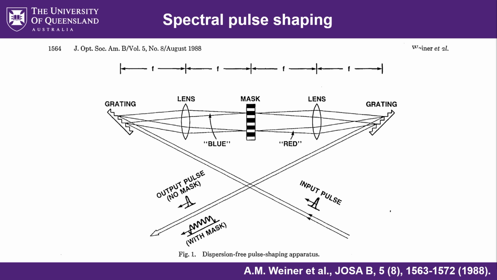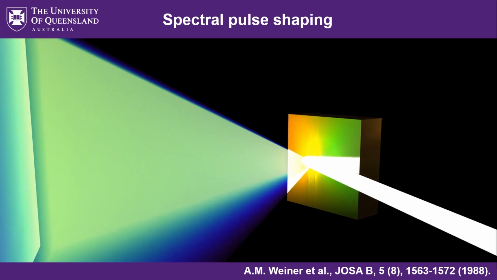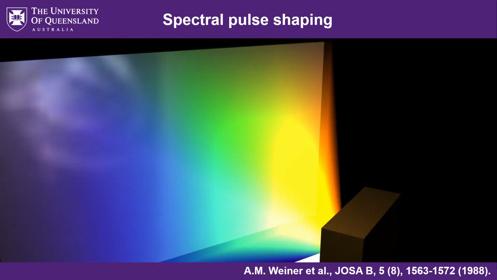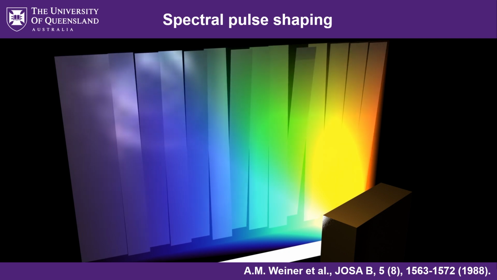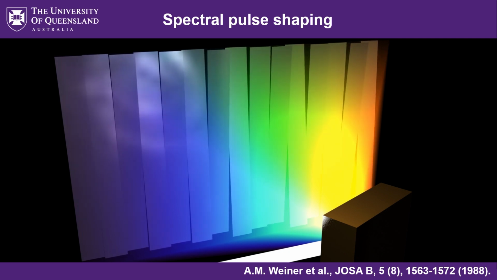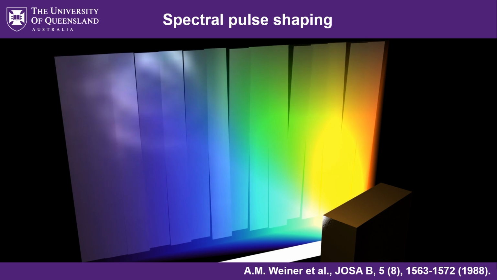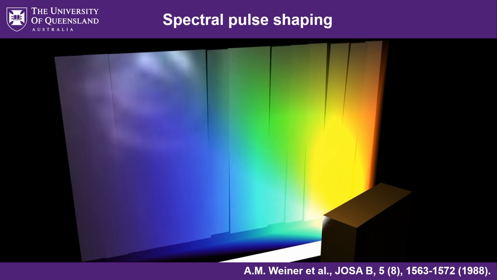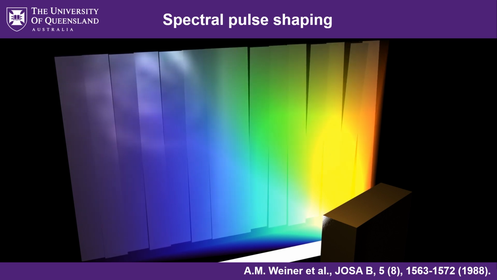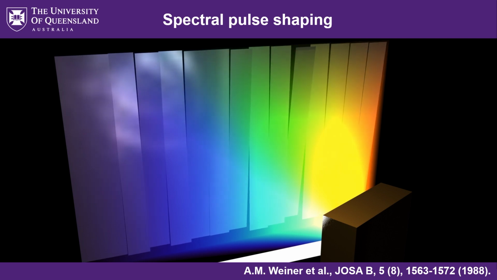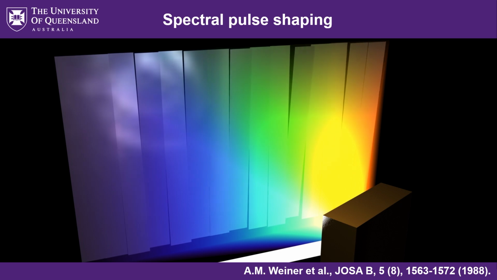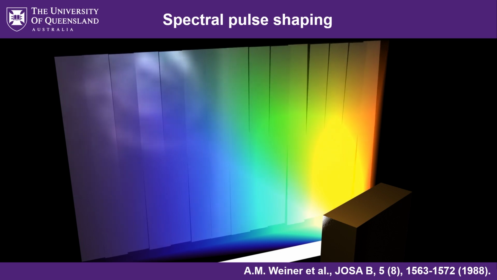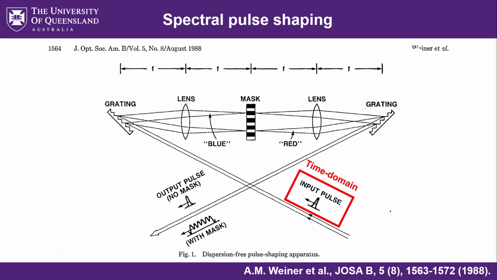The idea is you split up the beam into its spectral components, manipulate the amplitude and or phase of those spectral components, and then when you put those spectral components back together, you'll have some corresponding modulation in the time domain. The advantage here is that the system can manipulate the beam on femtosecond timescales without the system having to have the ability to change on those femtosecond timescales. It's a quasi-static device.